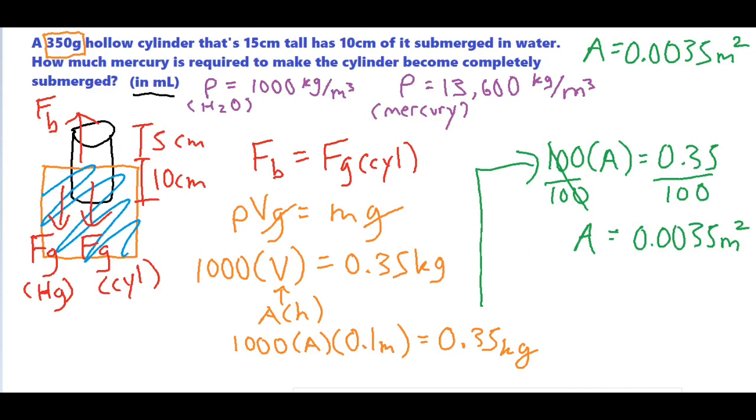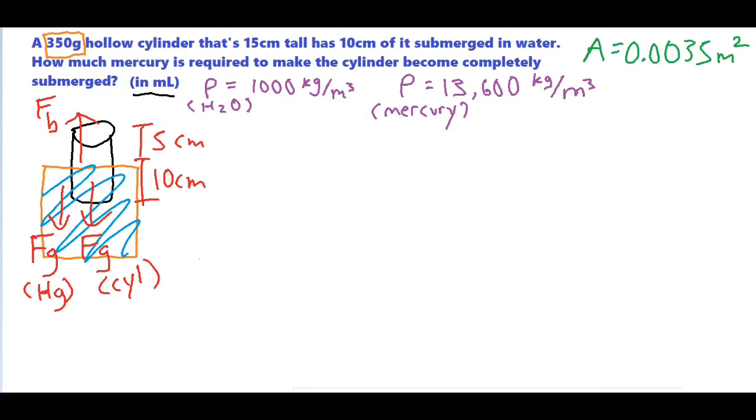And then clear some space and see if we can find a solution that will help us find the volume of mercury. Now for the second part of our problem, we are going to have this cylinder become completely submerged. So we still have a buoyant force up, but we're combining our two FGs, our FG for the mercury and then our FG for the cylinder as well.